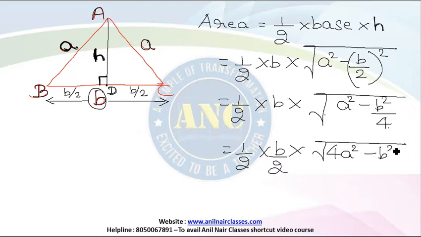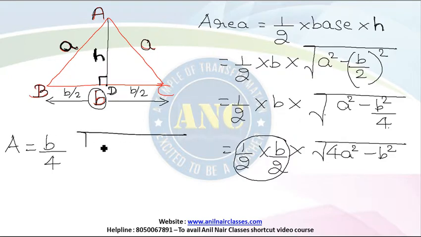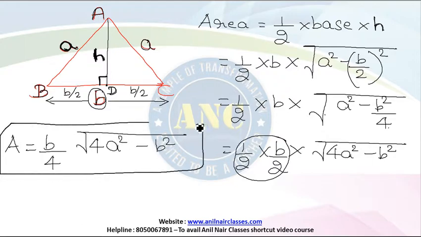That means in general, area of an isosceles triangle is b divided by 4 into square root of 4a square minus b square, where a is a side which is having another side also as a. That means a is an equal side and b is nothing but an unequal side for this isosceles triangle. I believe that it is very, very clear. Proof should be very clear for you here.